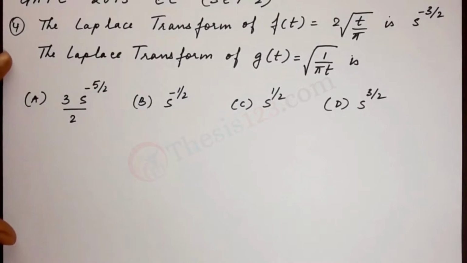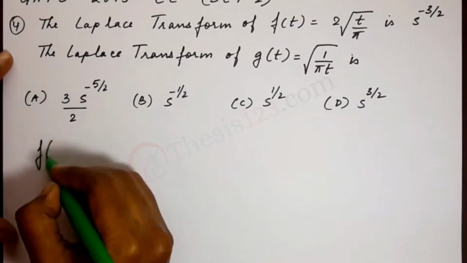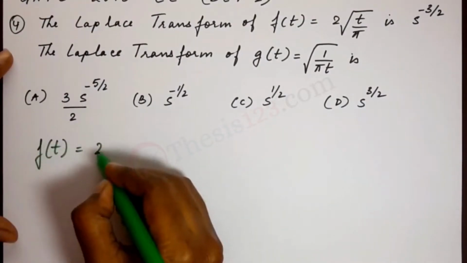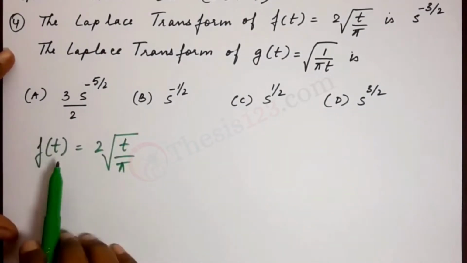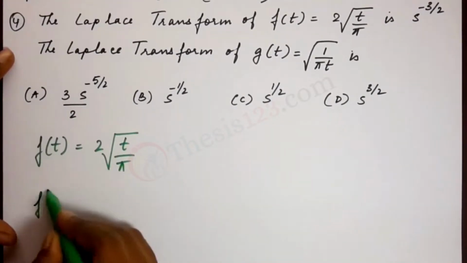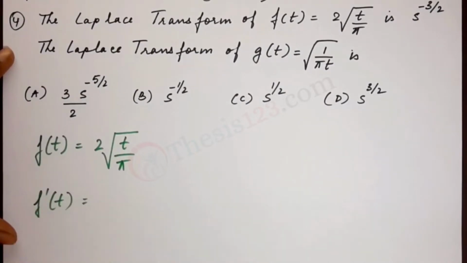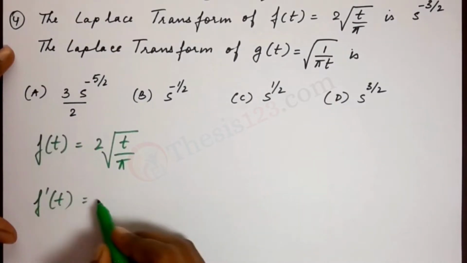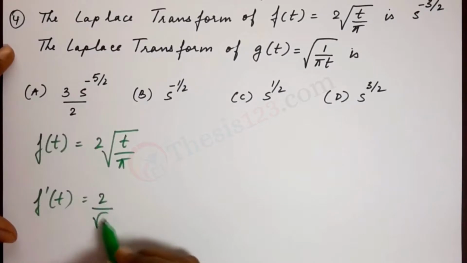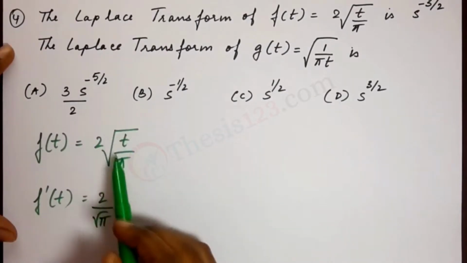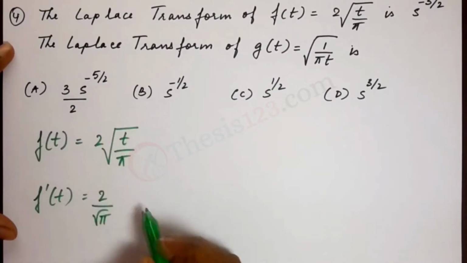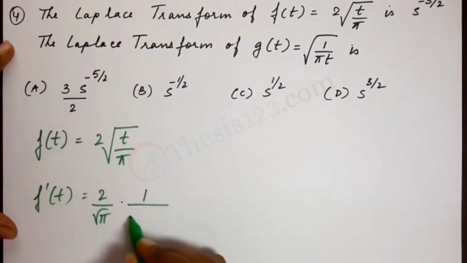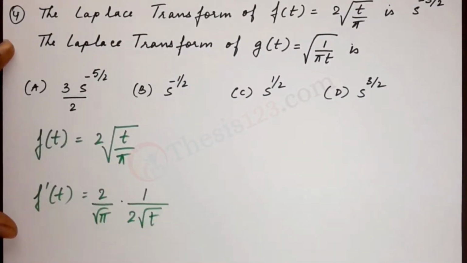So we have been given f of t, right? So we have f of t equals 2 root t by pi. Let's differentiate this, f dash t. So what happens here? We have 2 divided by root pi, which is the constant. We will have to only differentiate root t.